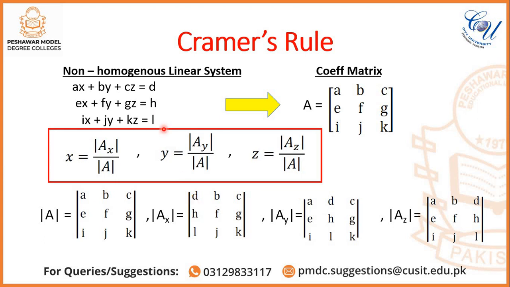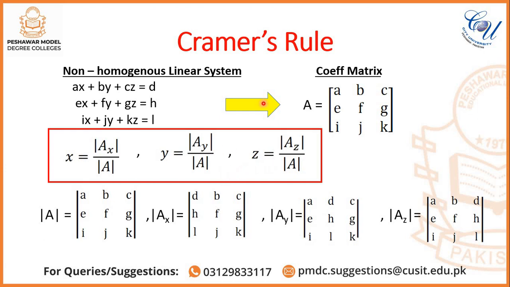Determinant of A for y is the determinant in which we replace the coefficients of the y variable with the constants on the right hand side, and determinant of A for z is the determinant in which we replace the coefficients of the z variable with the constants on the right side of the equal sign. Now solving these determinants, we will get these values, and we just have to put these values here to find the values of x, y and z. That will be our required solution.